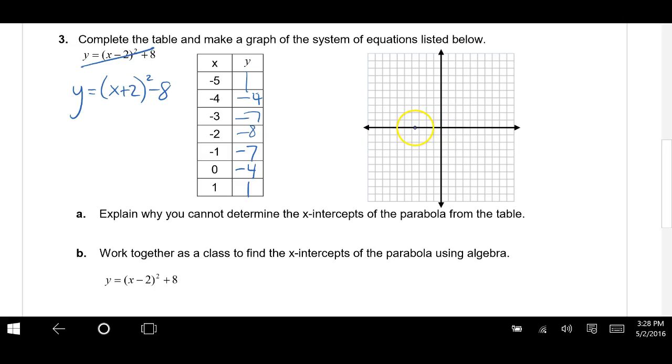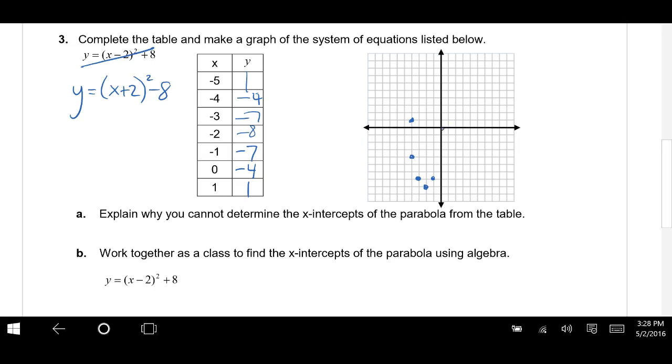Negative 5 and 1. Then negative 4 and negative 4. Negative 3, negative 7, so go down 7. Then negative 2 and negative 8. Negative 1 and negative 7.